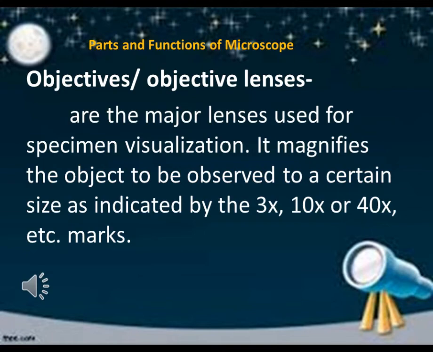Example, 3x for the scanner objective, followed by the low power objective or LPO with 10 times or 10x magnification, and the high power objective or HPO with 40 times or 40x magnification. In order for us to calculate the total magnification, just multiply the eyepiece mark by the mark of the objective used, thereby solving the total magnification of the object viewed.